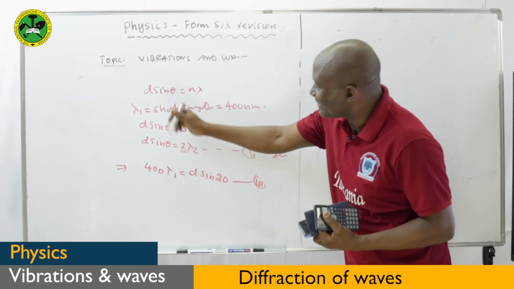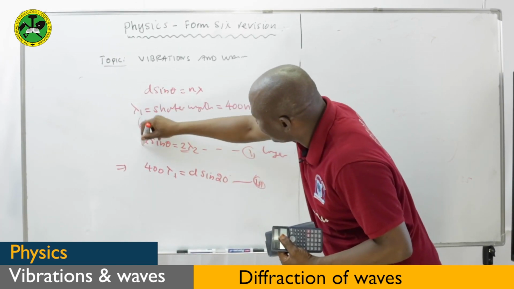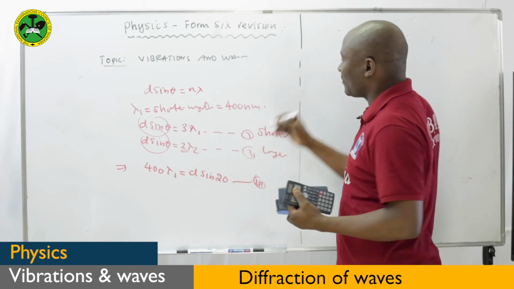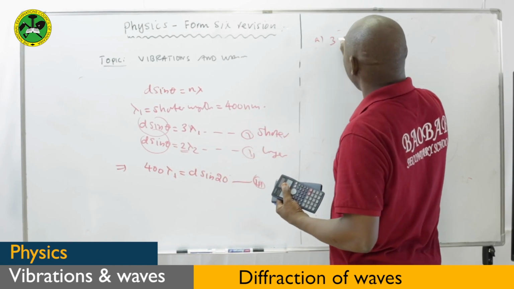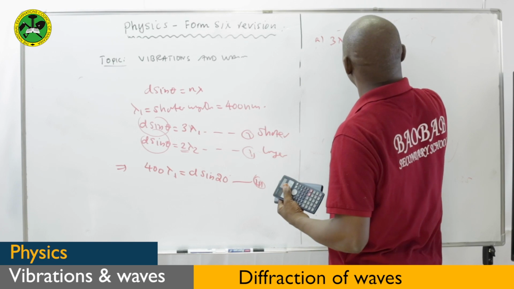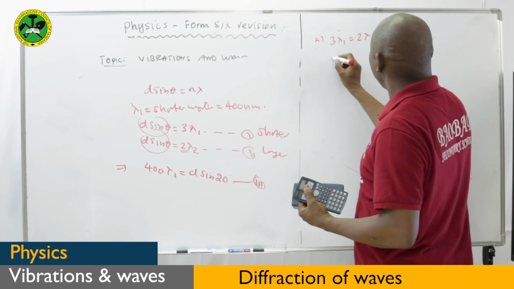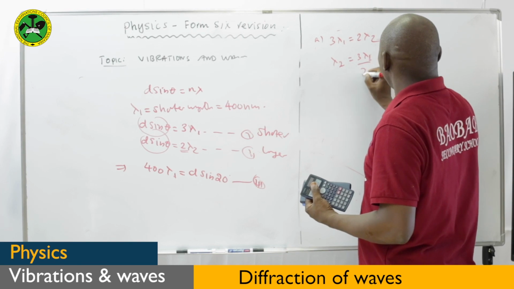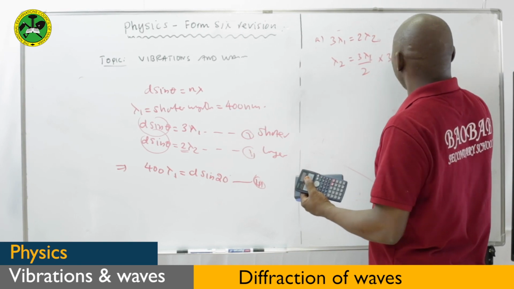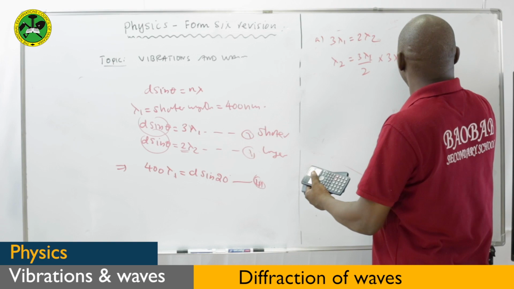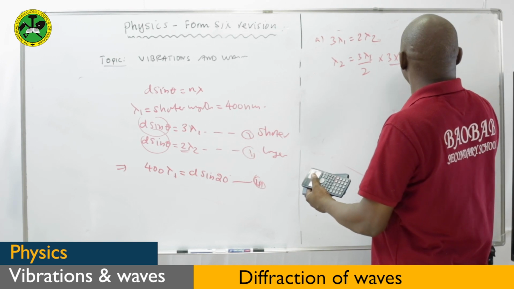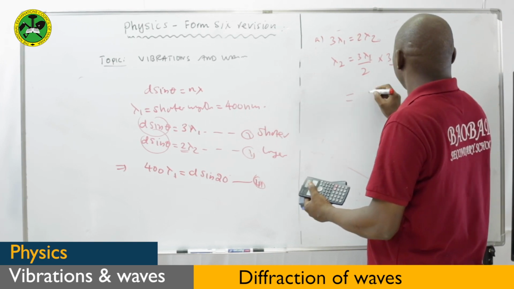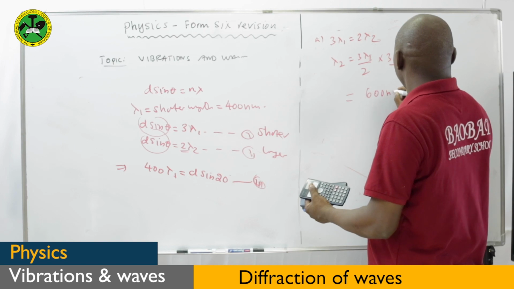The same d sine theta, with the angle set at 20. So 3 lambda 1 equals 2 lambda 2, and then lambda 2 equals 3 lambda 1 over 2, which means 3 times lambda 1, given as 400 nanometer, divided by 2, which gives us 600 nanometer.